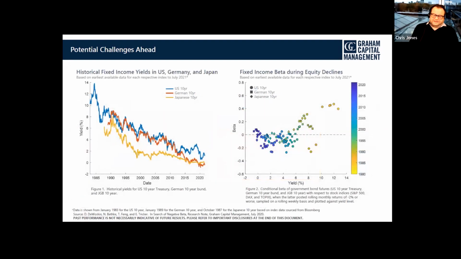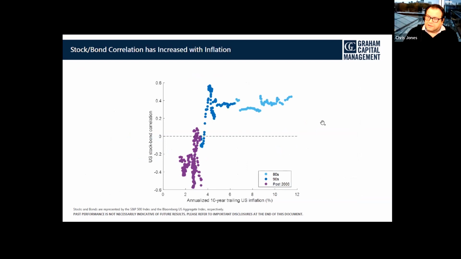Now, the fact that we've seen this positive correlation now isn't in any way spurious or just by chance. There's very strong evidence that equities look like bonds at times when bond yields are higher, as we see there. Very much a strong relationship there when yields are higher, or when inflation is higher.